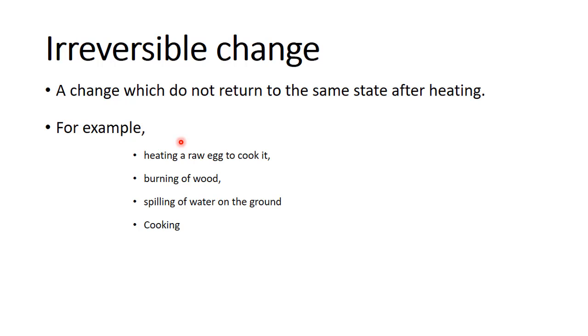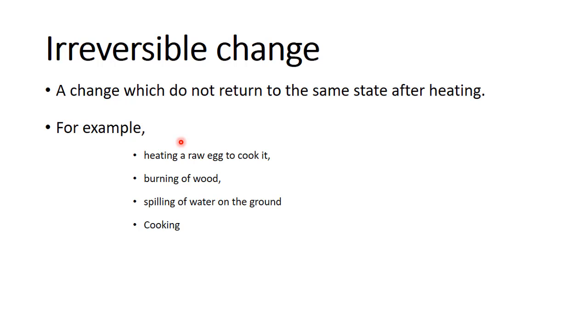For example, if you are heating an egg, you can't change that egg back to a raw egg. That is impossible. If you are burning wood, that wood will turn into ash or charcoal, but you can't bring the ash back to wood. It is impossible. So the process is irreversible.